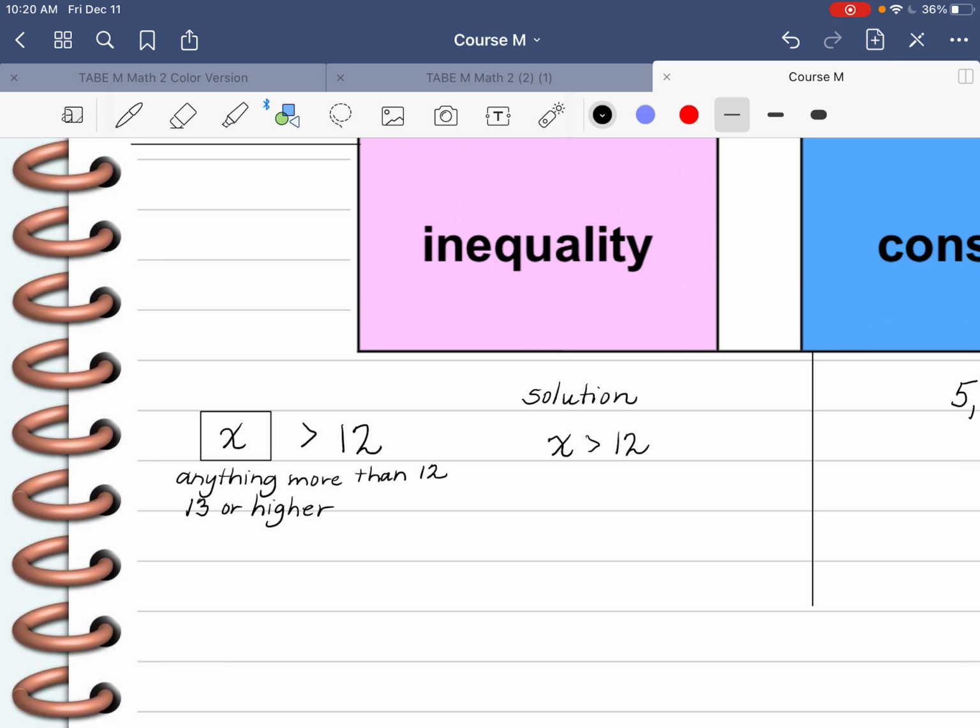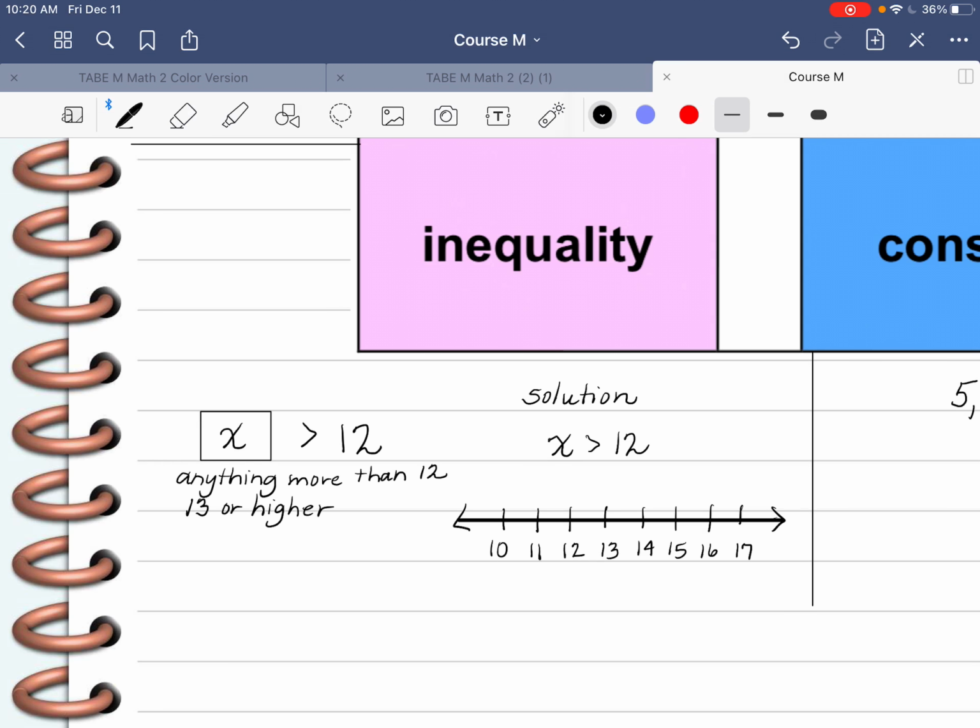Sometimes these solutions are graphed. So they'll give you a number line and they'll put 12 on there. Let's put a few more. Here's 10, 11, 12, 13, 14, 15, 16, 17.